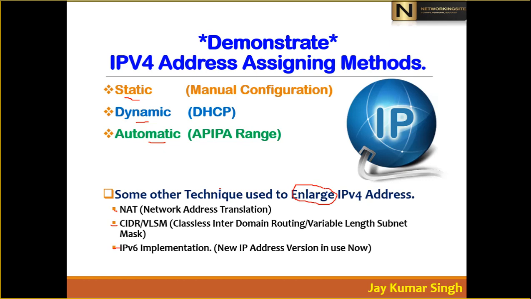The total IPv4 address space is 4.2 billion, but the world population is around 7.9 billion, and each person has two mobiles, one iPad, one laptop, and everyone is using IP addresses. Of the 4.2 billion, around 1 billion is reserved, so around 3 point something billion are public IPs, and everyone is using them. So these are some methods to enlarge or expand IPv4.